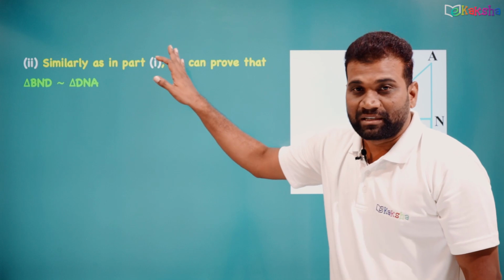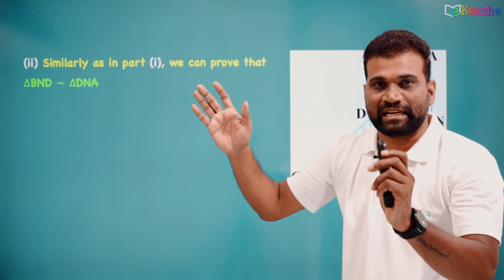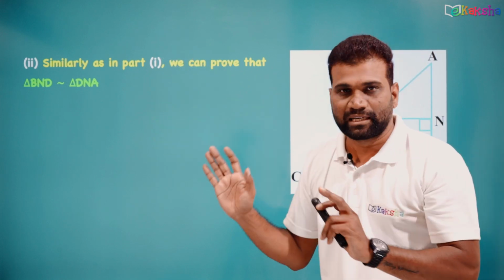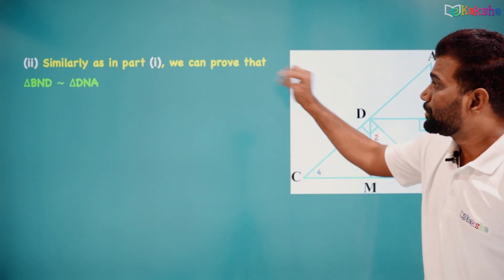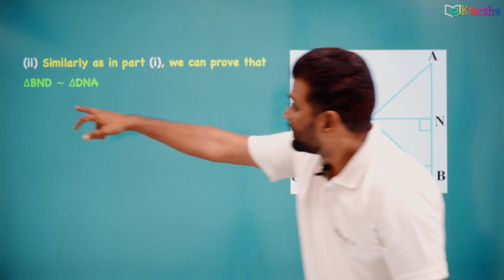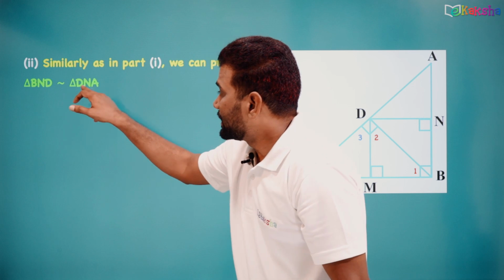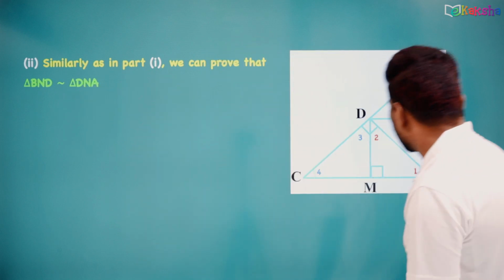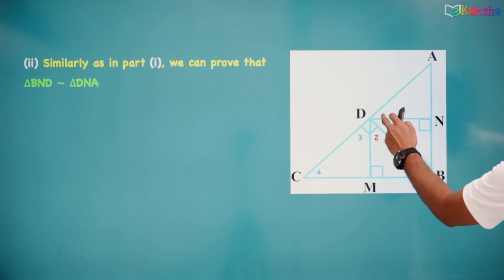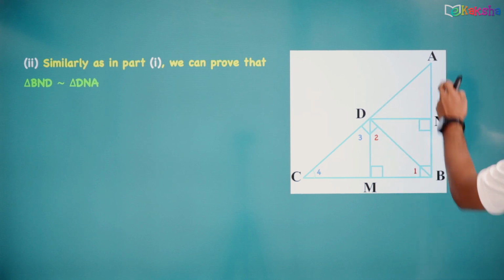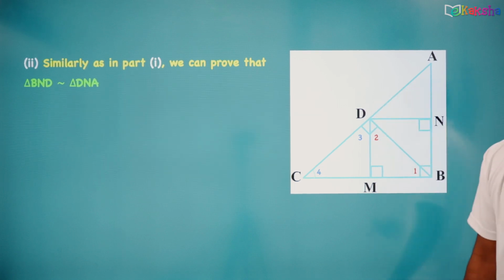Now second part. Similarly, as in part 1, what manipulations have we done in part 1? We are not doing it again here. So we can prove that triangle BND is similar to triangle DNA. You can see BND is similar to DNA. These two triangles we can prove similar.